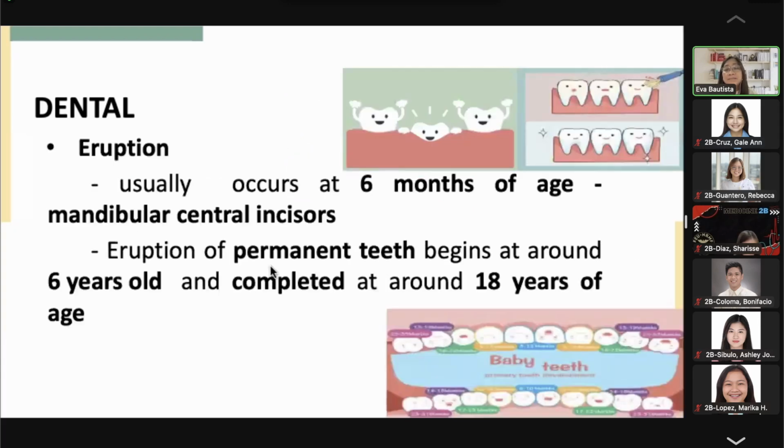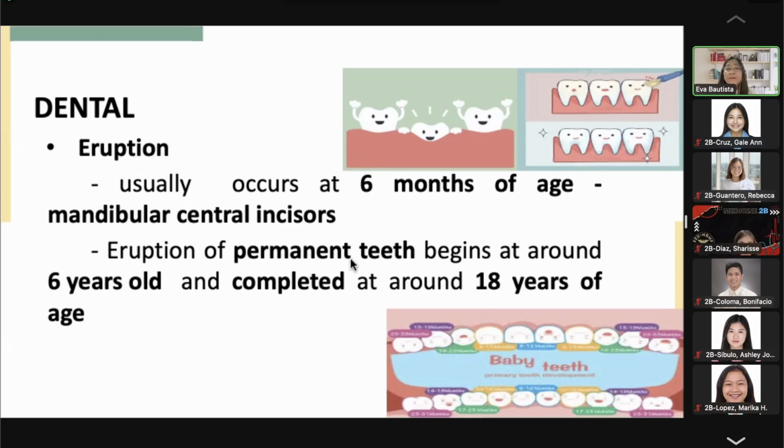So when do teeth appear? The first tooth appears between 6 to 8 months of age, usually averaging 6 months, which are your mandibular central incisors. So the lower front teeth generally appear first, the two lower front teeth.